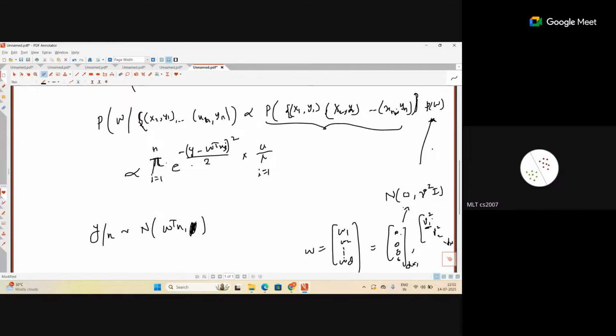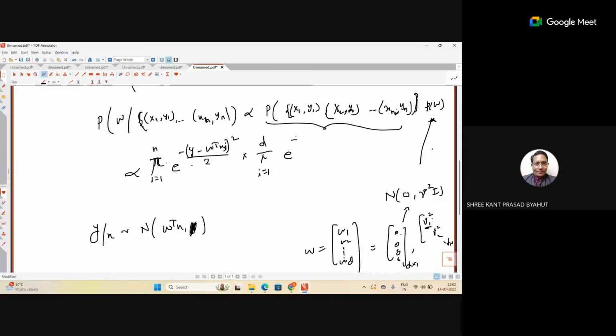All of these w's we are considering independent of each other, IID. In that case this will be e to the power of something over sigma square, but we are ignoring that.